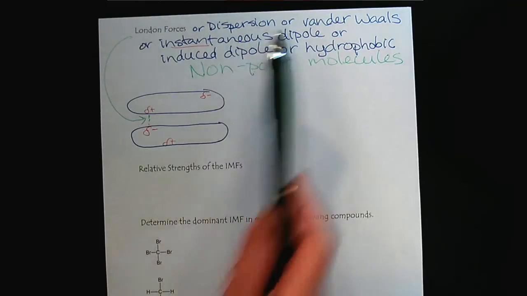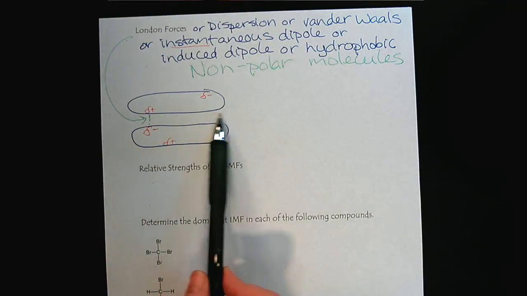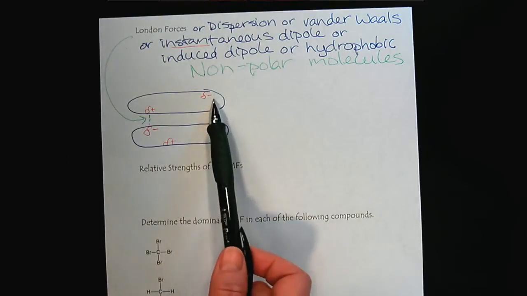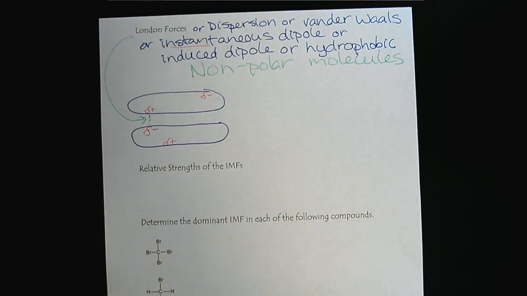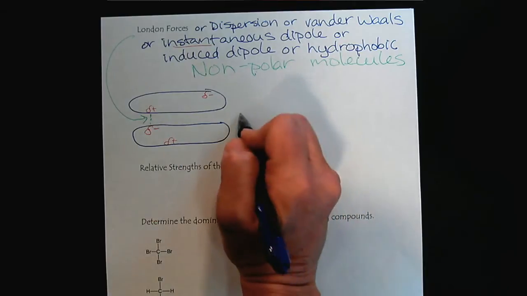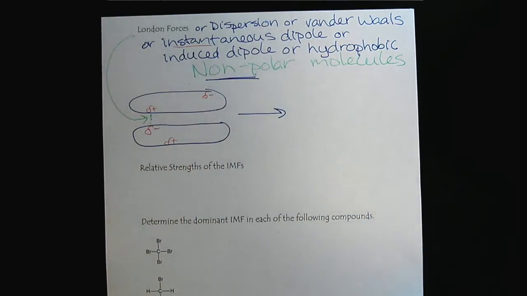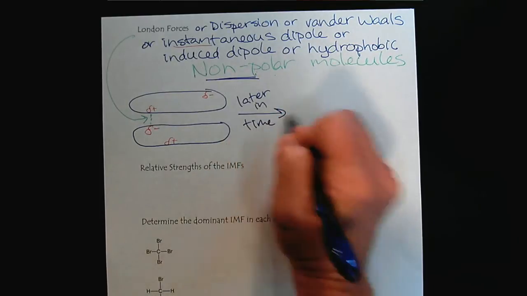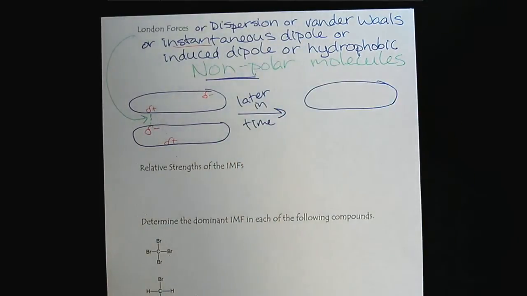It also gets called dispersion because the more surface area we have in a molecule, the larger the molecule is, the more likely there's a chance that we'll get some electron anarchy and get one of these instantaneous dipoles. And van der Waals is the name of the gentleman that first proposed this. Notice these are nonpolar molecules, so if we come back later in time, there's no permanent dipole moment.